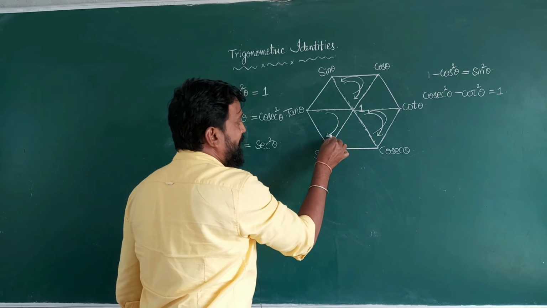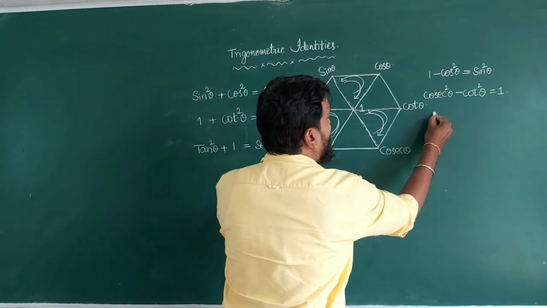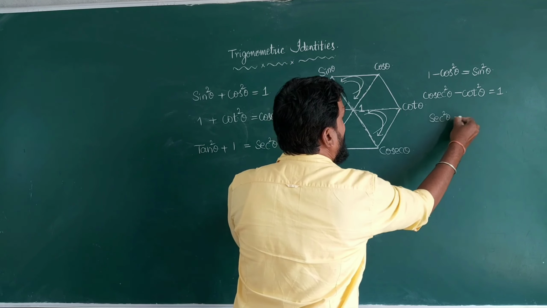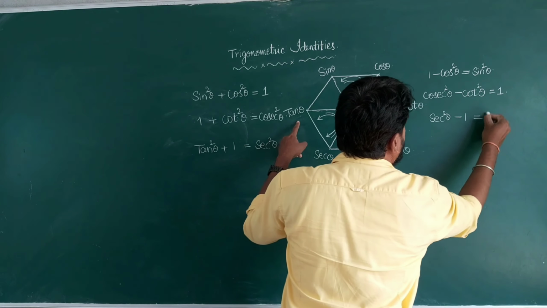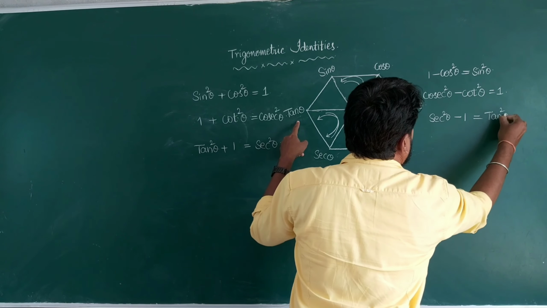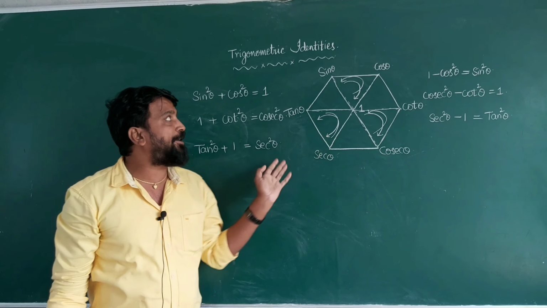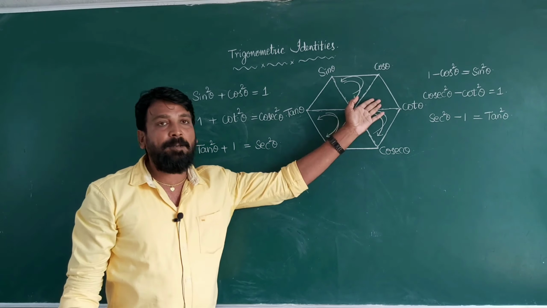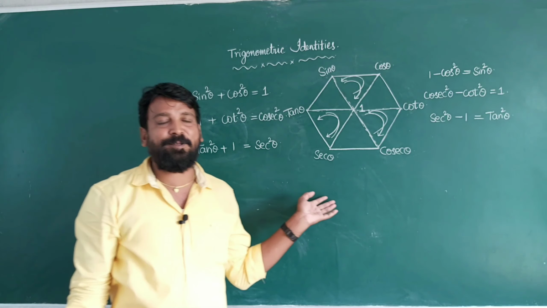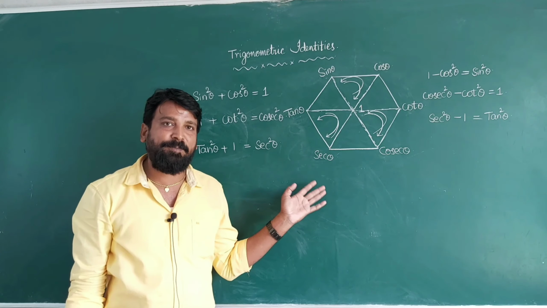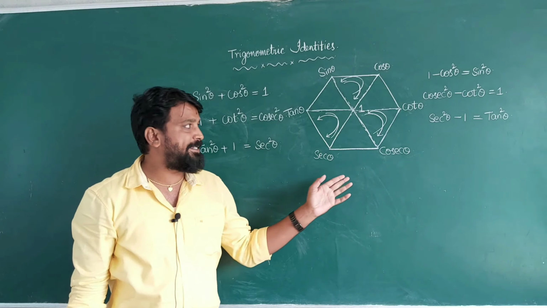And the third one, going anti-clockwise, sec square theta minus 1 is equal to tan square theta. See how easy it is to remember these trigonometric identities, formulae and reciprocals with the help of this hexagon.